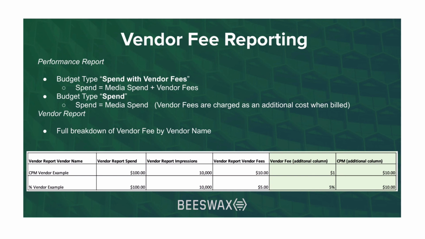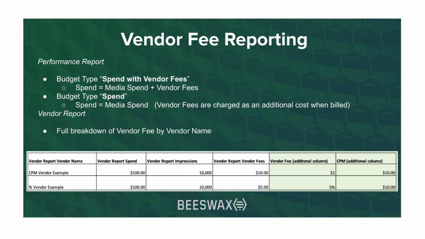For the vendor report, we have given 2 basic examples of what either a CPM vendor or a % vendor would look like. So the 2 additional green columns I've added on for visibility. The vendor fee, if we had a $1 CPM vendor fee, that is for every 1,000 impressions, we are going to add on $1.